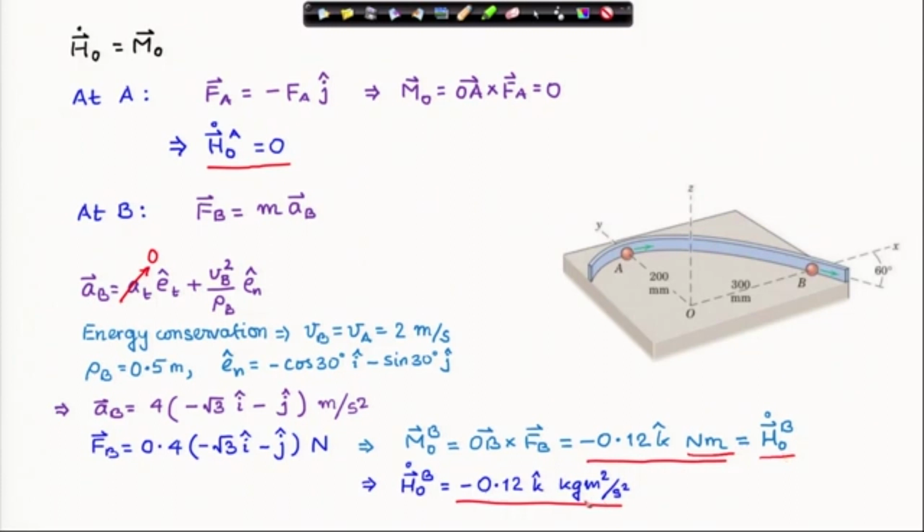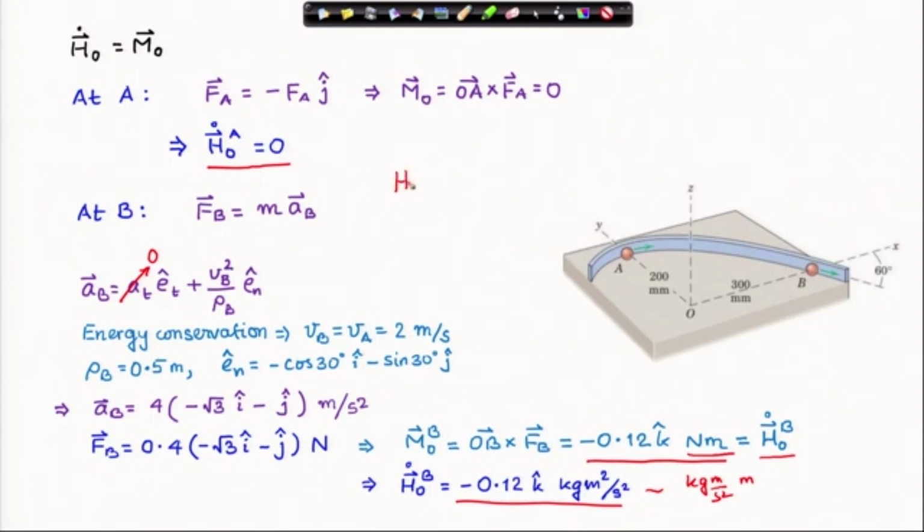Therefore, the rate of change of angular momentum has units of Newton meter, and Newton meter is kg meter per second square times meter, which is kg meter square per second square. Therefore, H O dot has these units of kg meter square per second square.